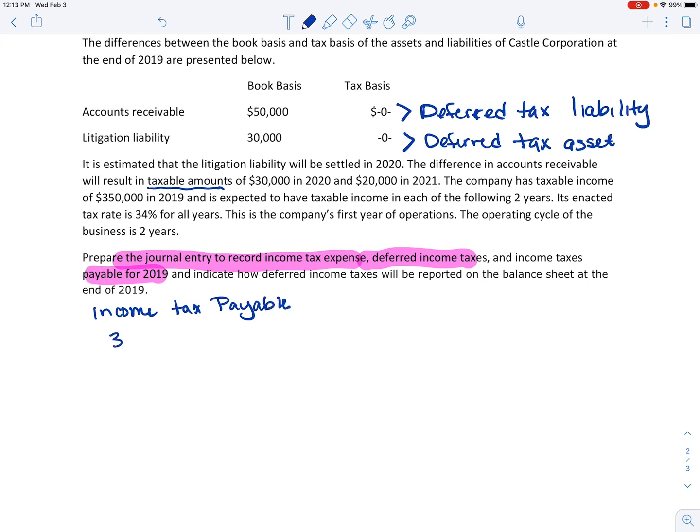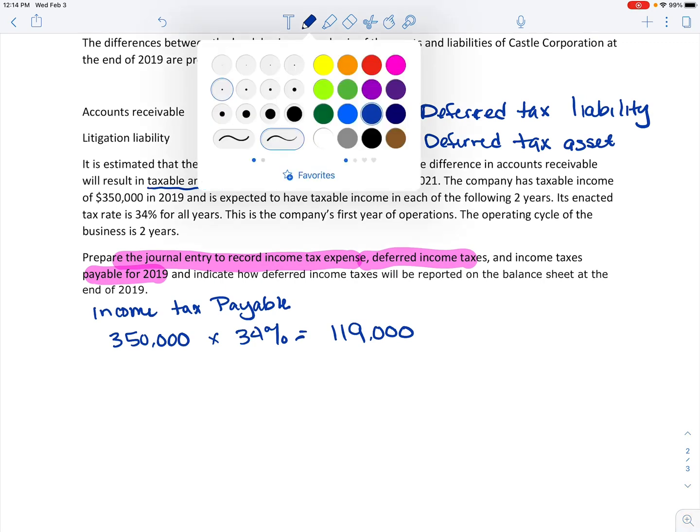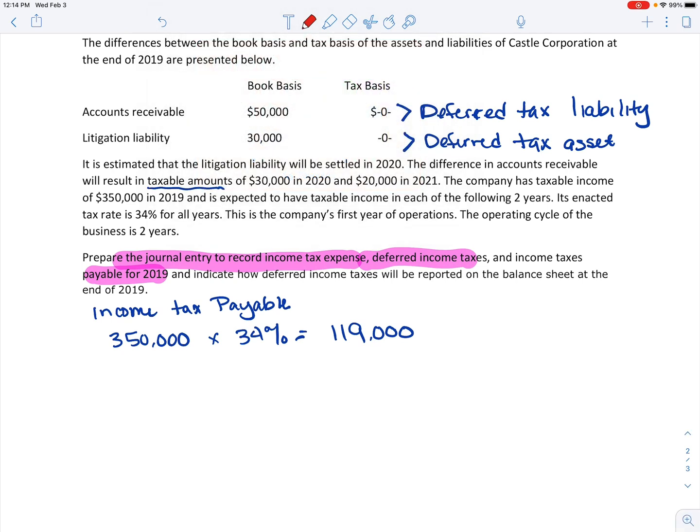We know our income is $350,000. Our tax rate is 34%. Which means our income tax payable is $119,000. I know what these journal entries are looking like. We can start filling in those numbers if we want to, or at least get in the journal entry so that I know which pieces I need to find.